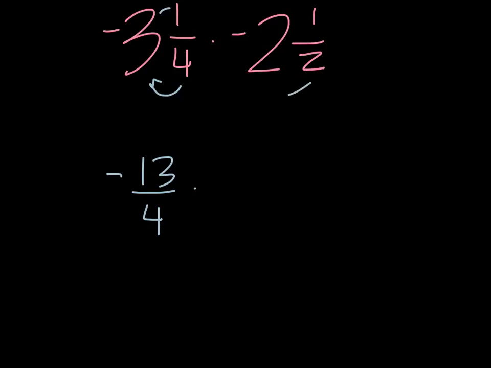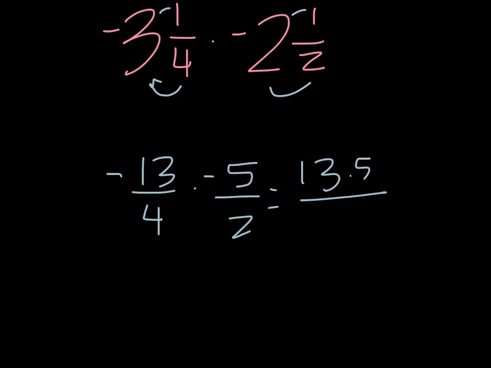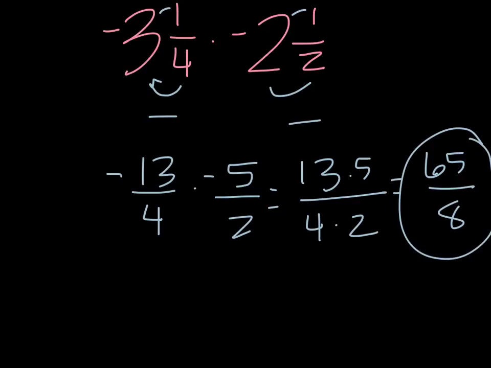And then we would do 2 times 2 plus 1 is 5/2, and that's also negative. Then we would multiply 13 times 5, 4 times 2. 13 times 5 is 65, 4 times 2 is 8.